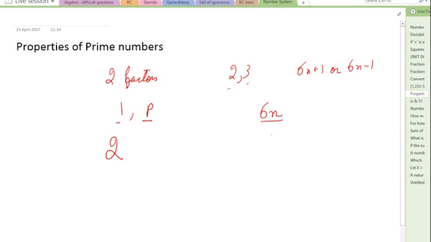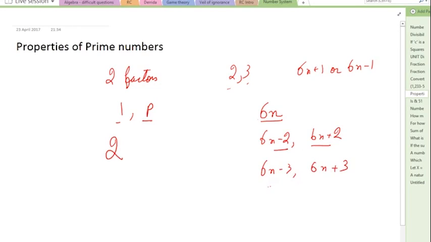So this can't be a prime number. 6n minus 2 and 6n plus 2 can't be prime numbers because they are even. If a number is multiplied by 6 it's even, and then you subtract 2 or add 2, it's still even. 6n is divisible by 3, so 6n minus 3 and 6n plus 3 are divisible by 3.